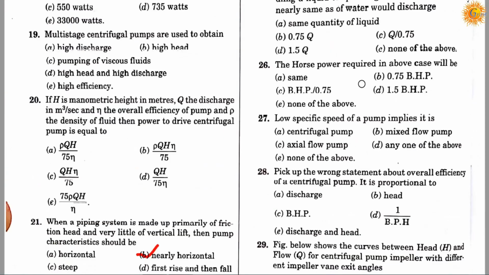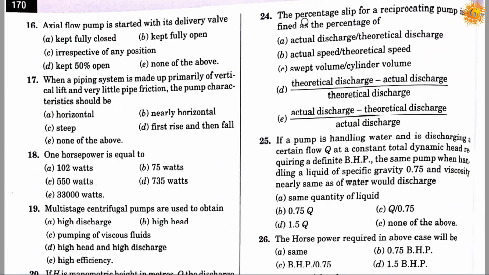Question number 24. The percentage slip for a reciprocating pump is defined as the percentage of option A, actual discharge divided by theoretical discharge, option B, actual speed divided by theoretical speed, option C is swept volume divided by cylinder volume, option D is theoretical discharge minus actual discharge divided by theoretical discharge, option E is actual discharge minus theoretical discharge divided by actual discharge.